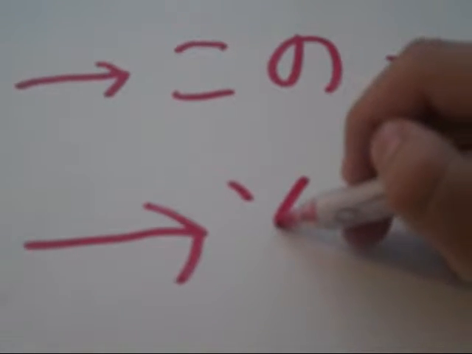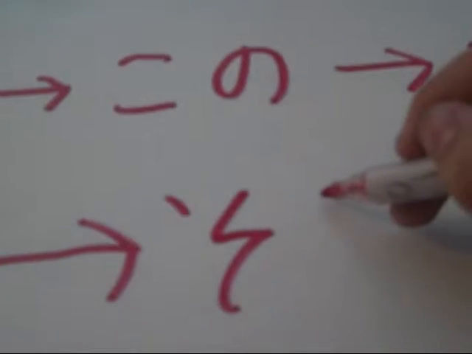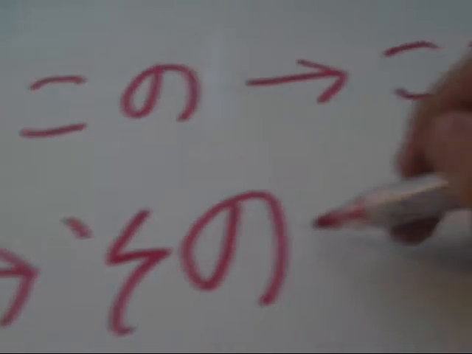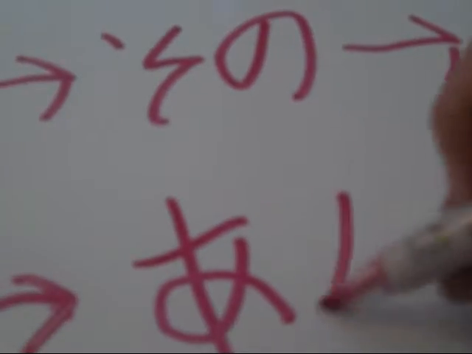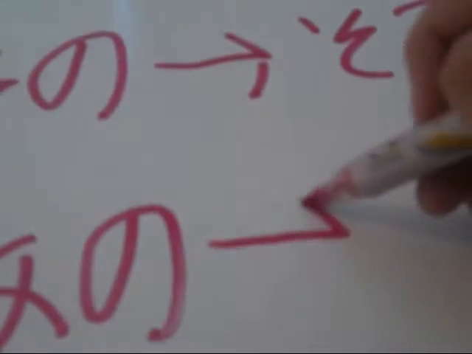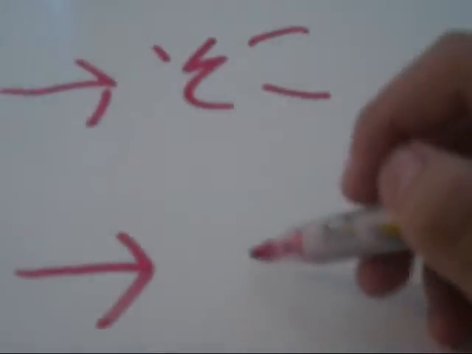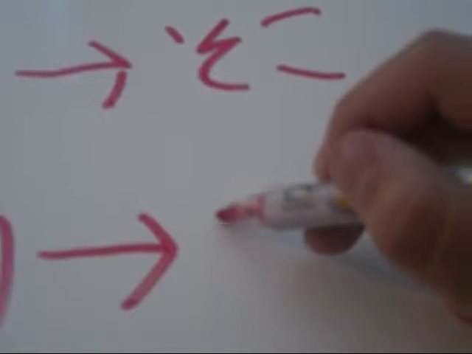Oh, sorry, we're not in locations, we're on before noun, sono. Then that changes into soko. And then for are, it becomes ano. And then for location, are is a little irregular and becomes asoko.